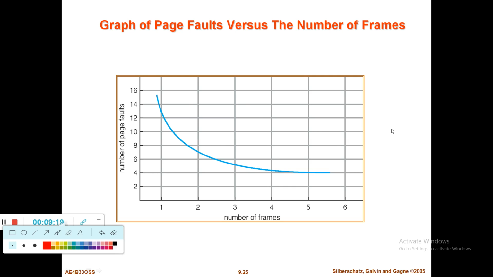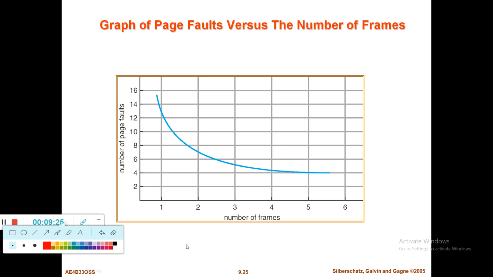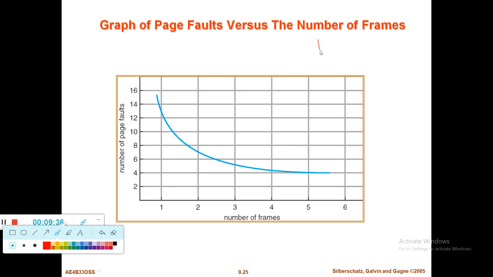Once you have the graph, which algorithms are we going to cover here? There are different algorithms we are going to discuss. One is the first in, first out algorithm, the second is LRU, and the third is the optimal page replacement algorithm.